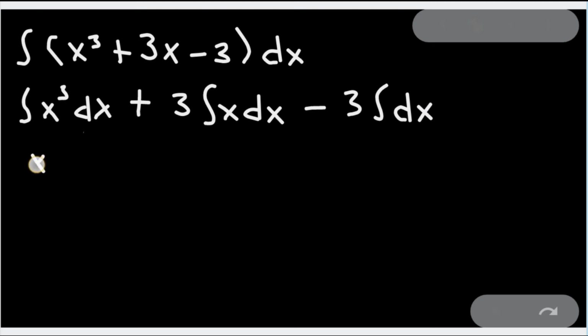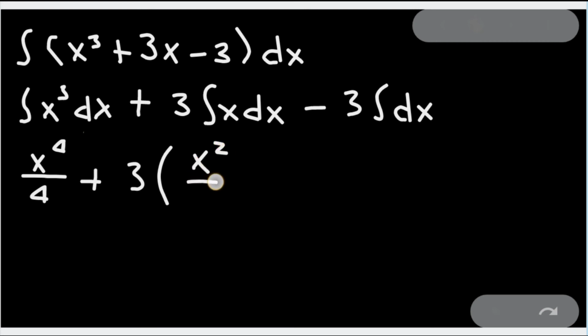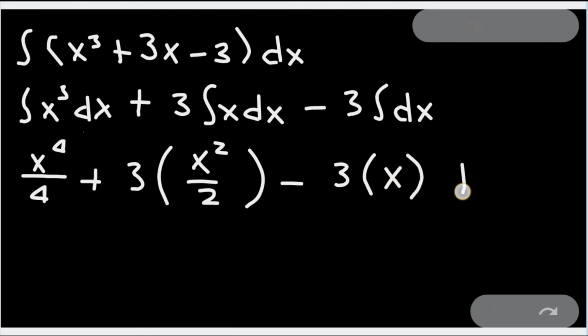So we have 3 plus 1 is 4, over 4, plus 3 times, our n here is 1, so 1 plus 1 which is 2, so x squared over 2, minus 3 times the integral of dx, which is x. Then don't forget the plus c. So this is our answer. If it is no longer simplifiable, this is our final answer.